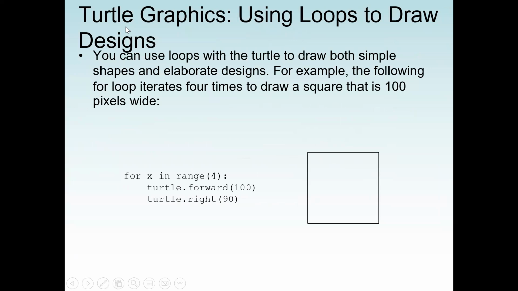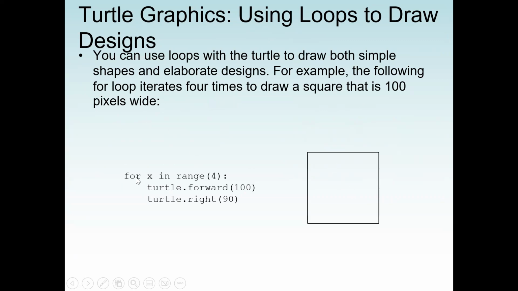Next, we shall go through using turtle graphics with loops to draw nice compressed diagrams. So here we say we can use loops with turtle to draw both simple shapes and also elaborate designs. So for example, the following for loop will iterate 4 times to draw a square that is 100 pixels wide.